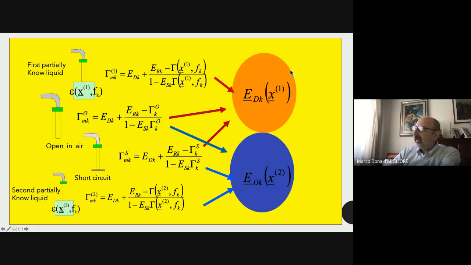And so we can find the intersection point, and this intersection point is the value of ED. And from ED, of course, we can then estimate ER, ES, and so on. And this is another possible way to calibrate the network analyzer in this case.